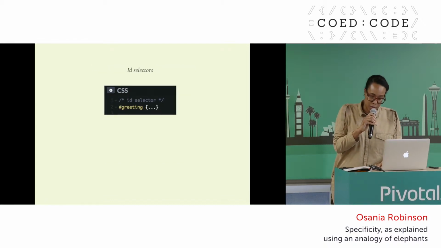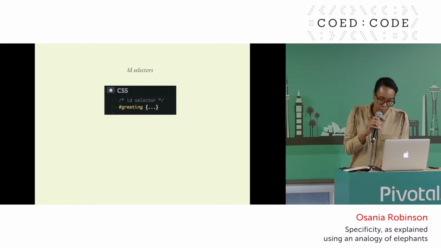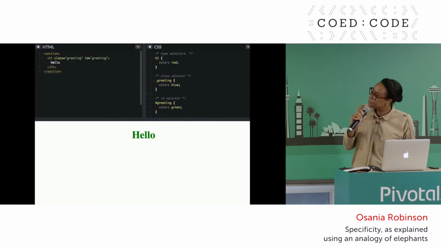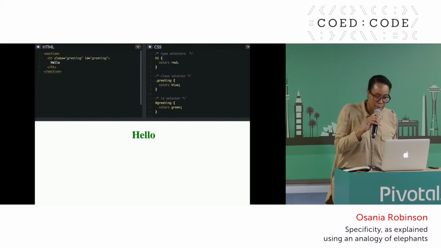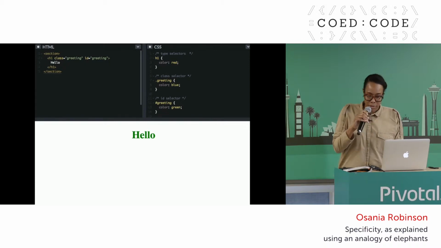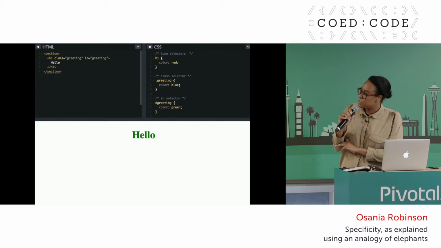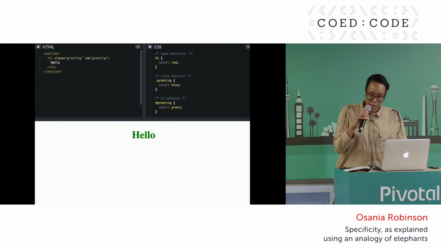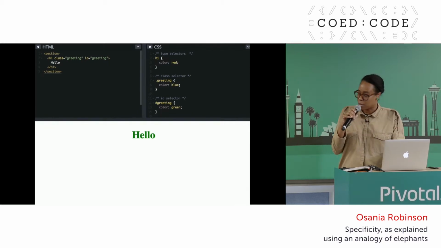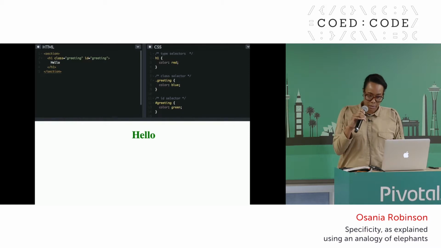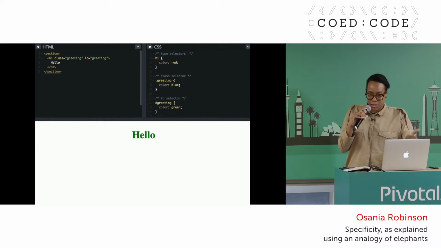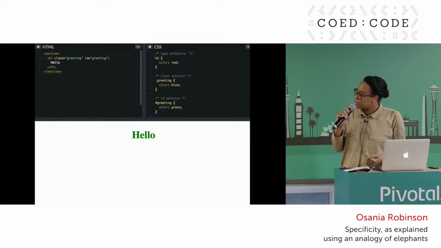And an ID selector. So as a really simple example, what I've done is I've had an H1 and I've applied some styling via an element tag, a class, and an ID. And each thing has its own color.